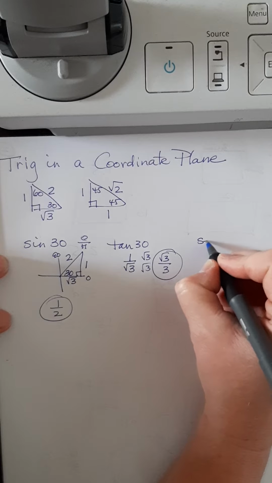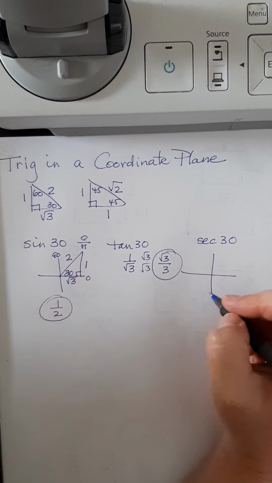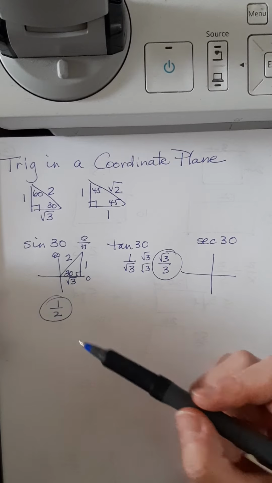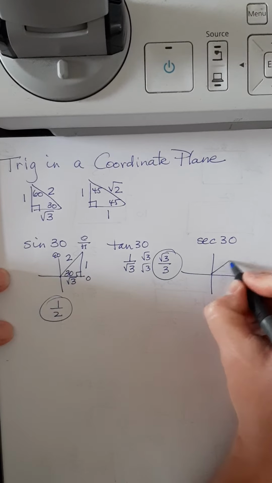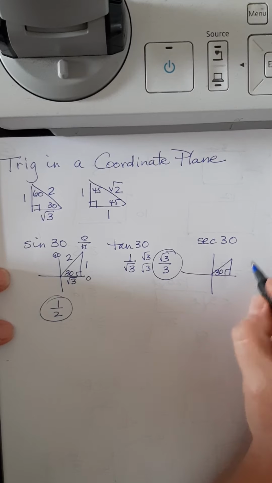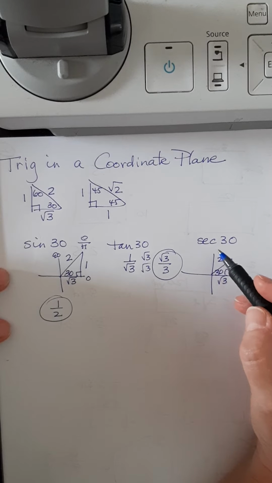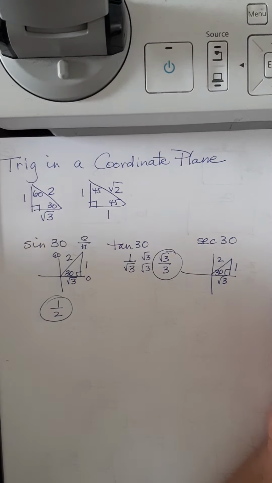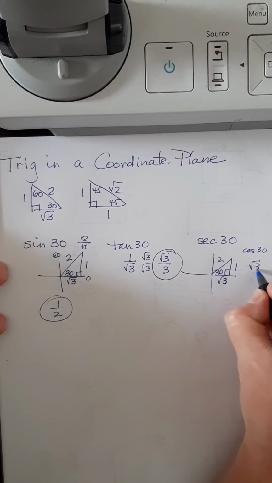Let's say if I said secant of 30. Still the same one. I was used to doing a different angle, but you still draw it. Might as well. 30 degrees: 1, 2, square root of 3. Now secant, remember, goes with cosine. So if you find the cosine of 30, square root of 3, adjacent over hypotenuse, and since it wants secant, you're going to flip it.